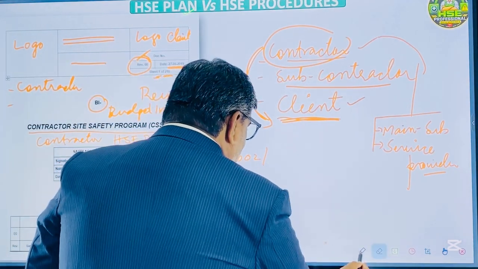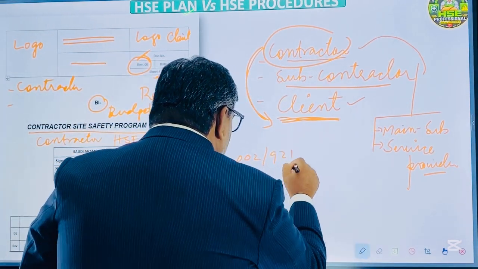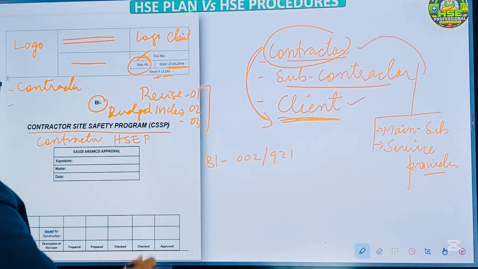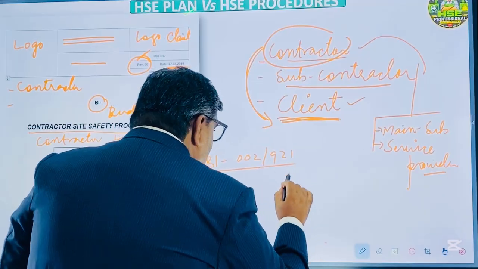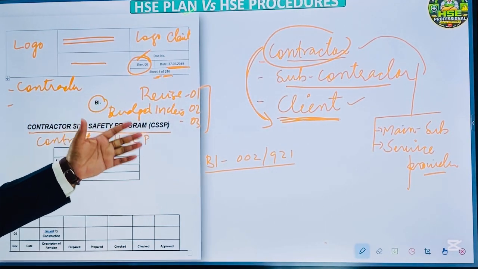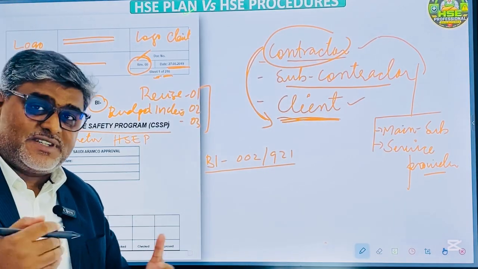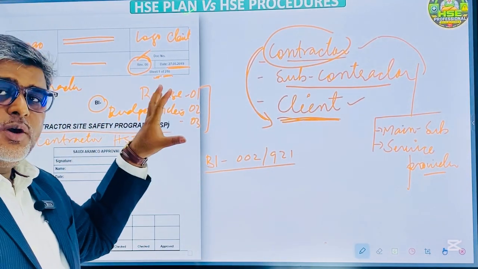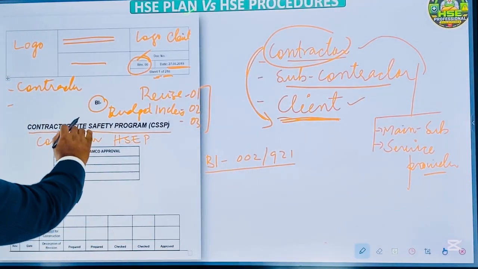I'm not telling the exact number, like 921 something. Okay, this project was owned and all the project budget will be issued to this number, because the client also keeps the data of that. So accordingly they are going to put this number. So this is called BI.